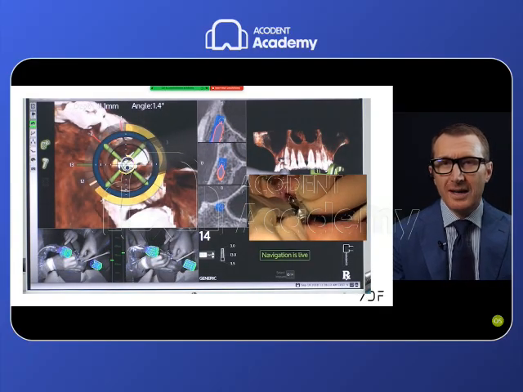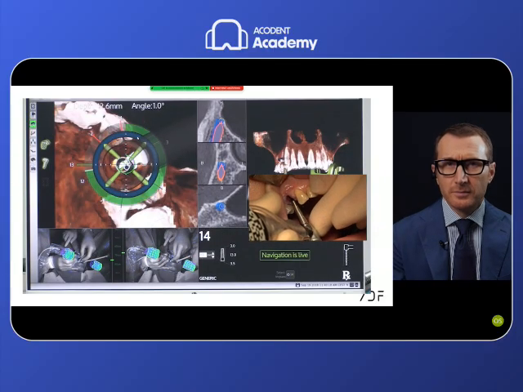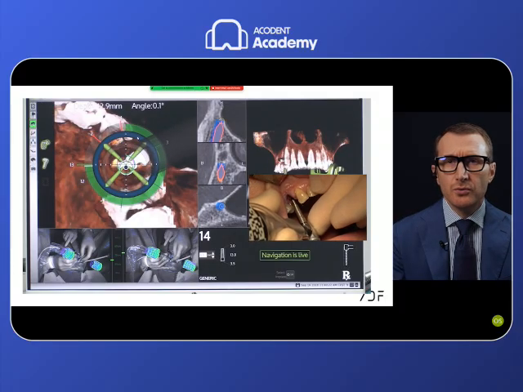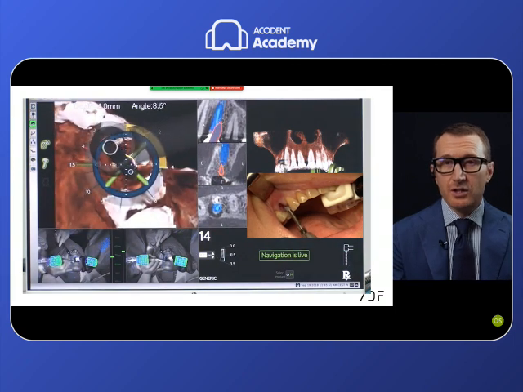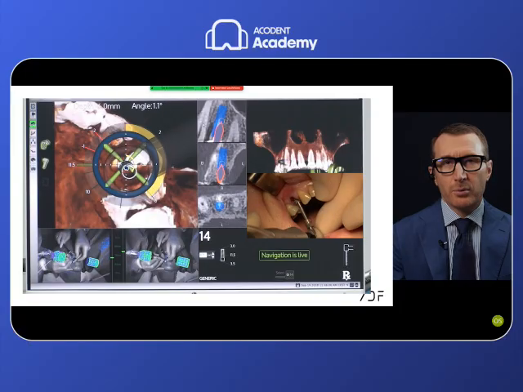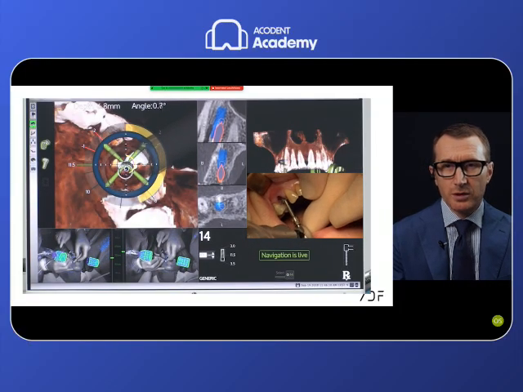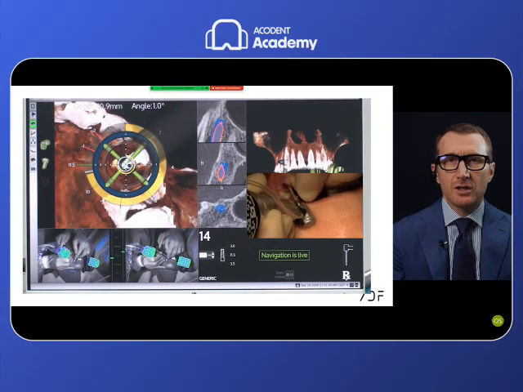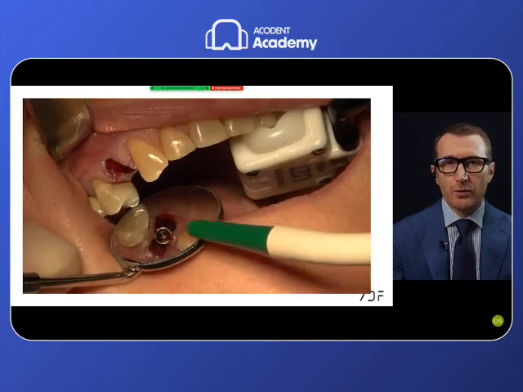And we know from the literature nowadays that this type of approach is a very accurate approach, comparable to the traditional guided approach with surgical guide, and with much more accuracy compared to the freehand approach. So we are not following physically a surgical guide, but we are anyway perfectly under control for the implant placement.